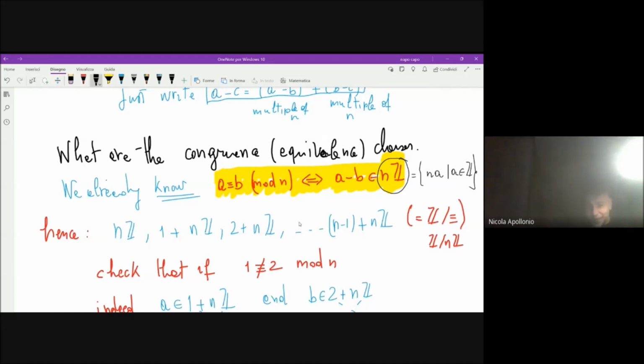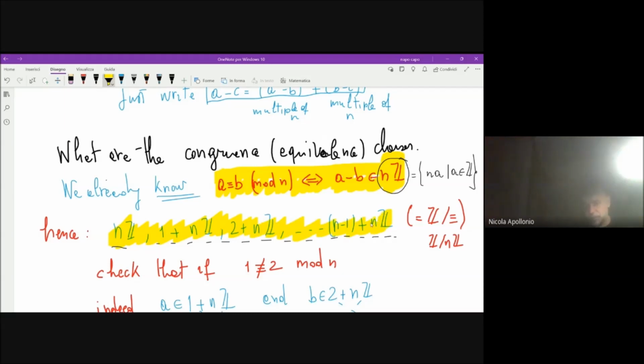So we should show that the equivalence classes of congruence modulo n are precisely the sets which are listed here and which I'm going to highlight.